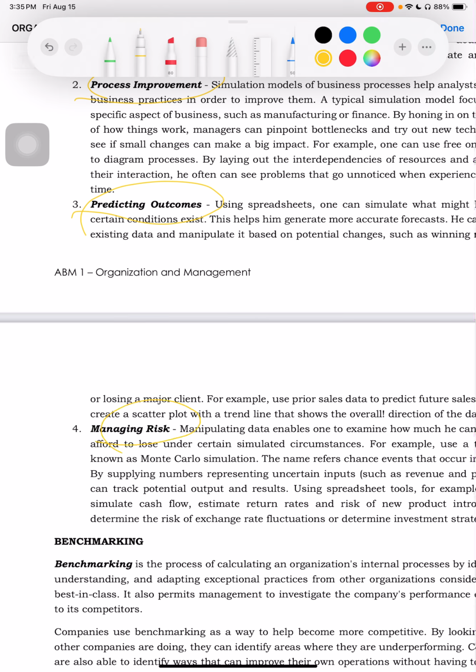Naki-connect ka from one organization to another organization. So, same vision mo duha. So, these are the things in benchmarking: best practice, peer benchmarking, SWOT, and collaborative benchmarking.